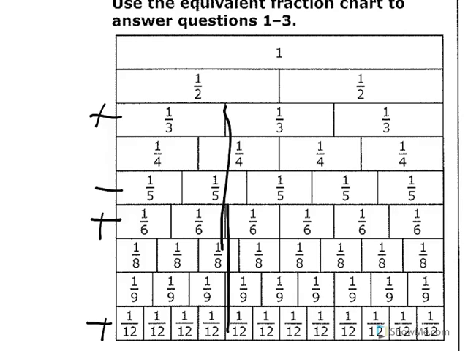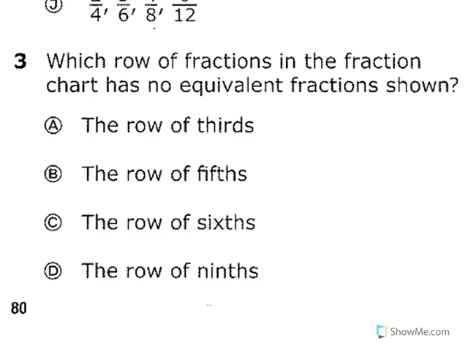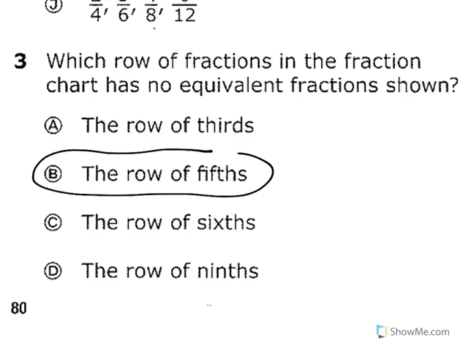So it looks like it's going to be the fifth row right there, my fifths are the ones that are not equivalent. So the row that doesn't have any equivalent fractions is the fifth row. All the other ones had equivalent fractions to the third row, basically.